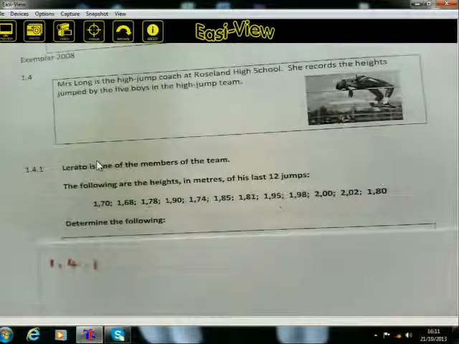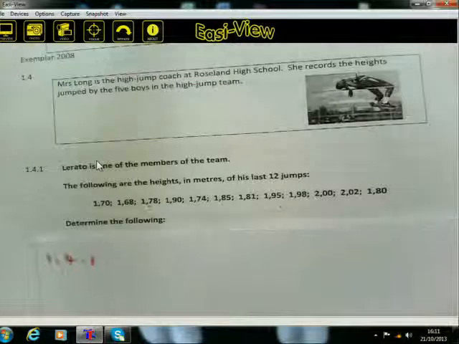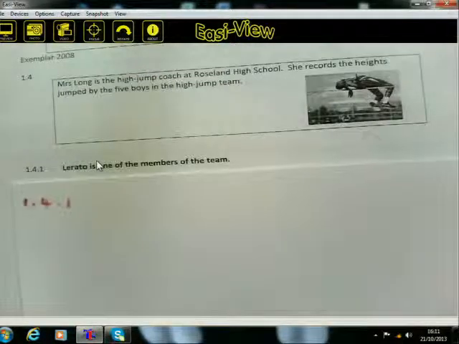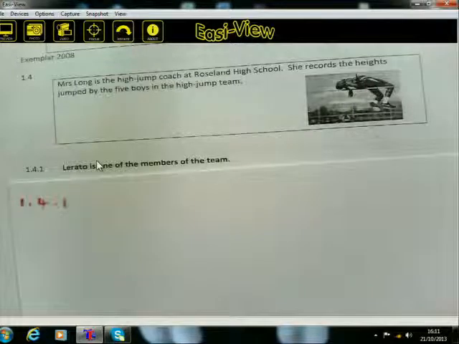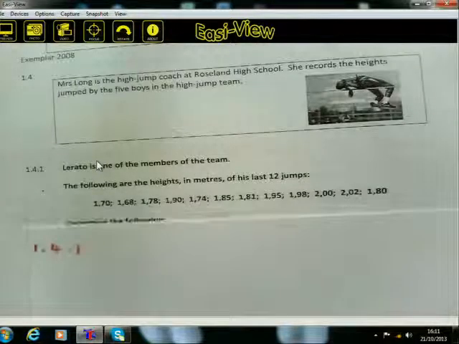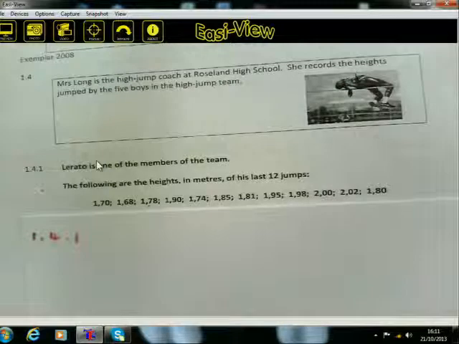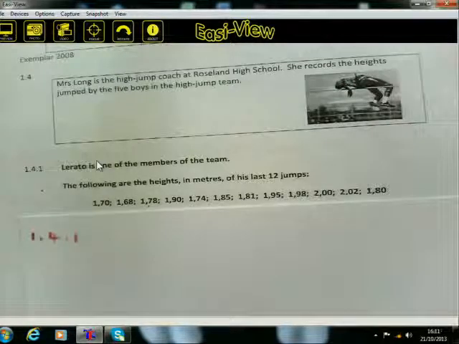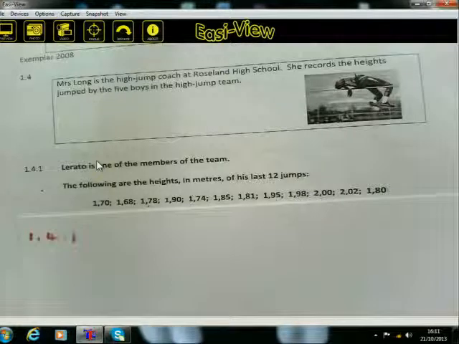So let us read that question. Lerato is one of the members of the team. The following are the heights in meters of his last 12 jumps. You have records of Lerato. Let us read it together, the given data.